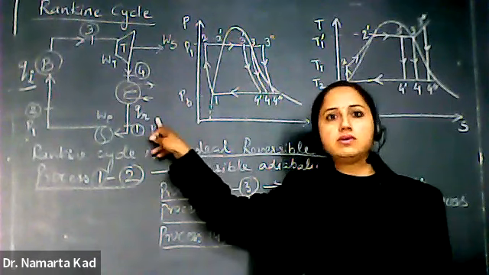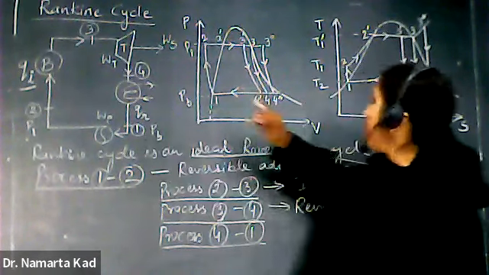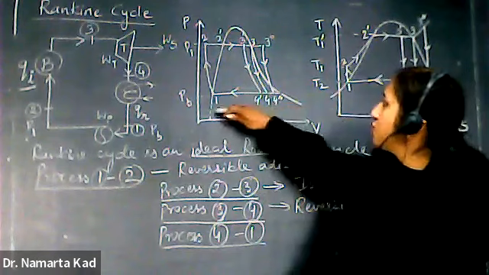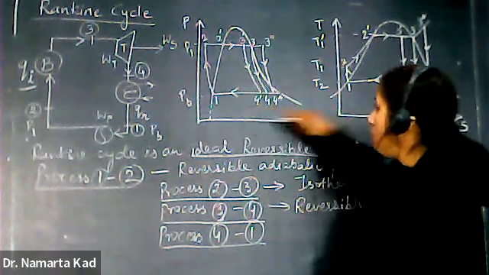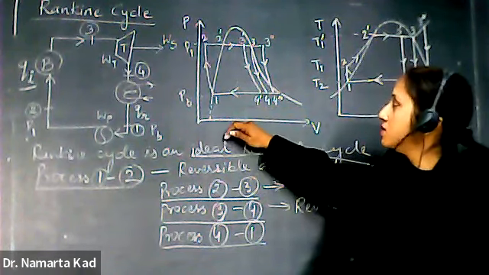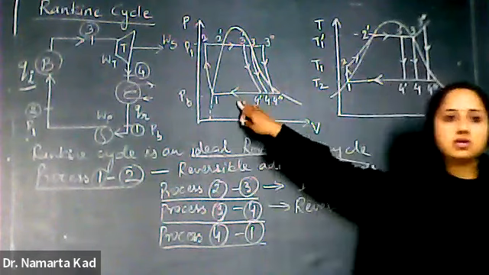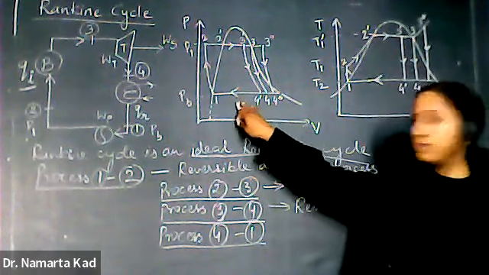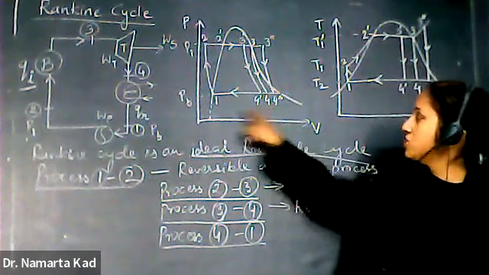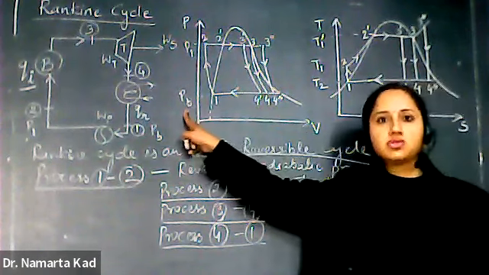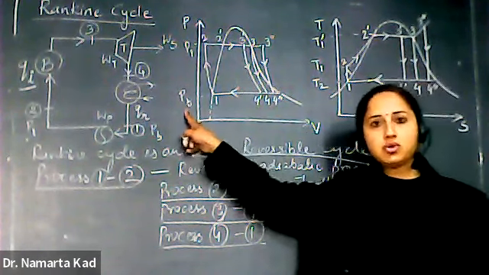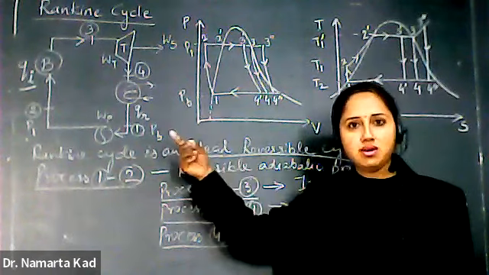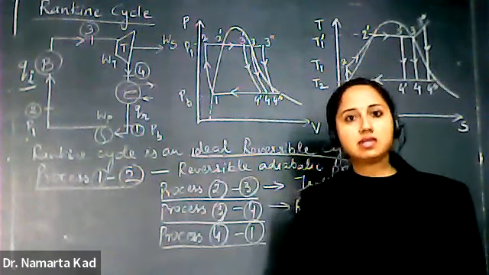The heat is released. Okay, and see here in the stage 4-1, the volume decreases and the pressure remains constant at PB. This you can call the back pressure or exhaust pressure or condenser pressure.